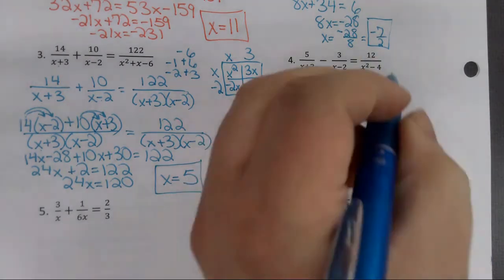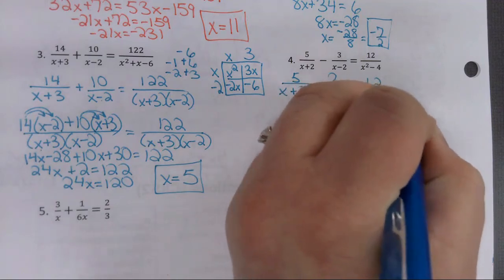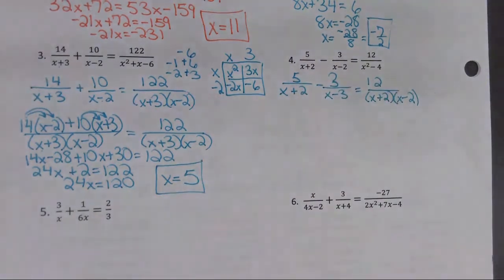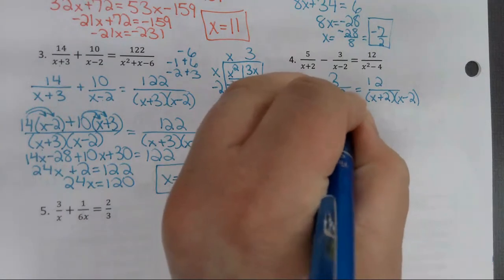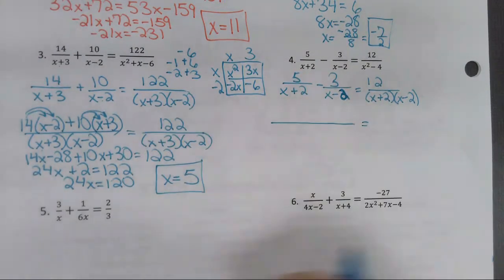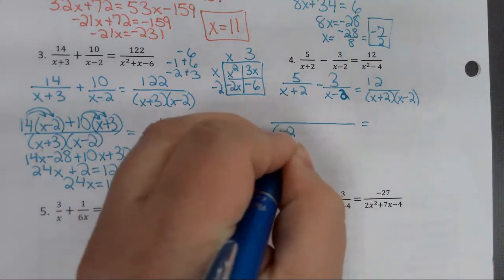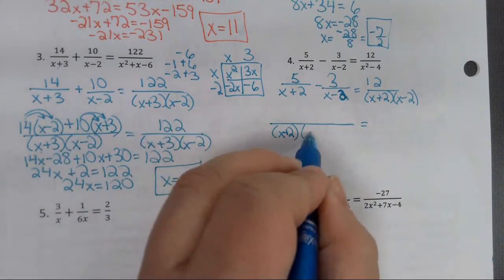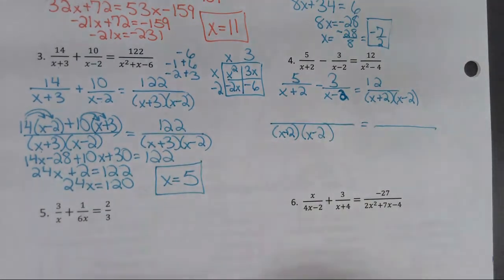So that means that it's going to factor down to be x plus 2 and x minus 2. Oops, that's supposed to be a 2. There we go. So our denominators, left side, x plus 2, and then an x minus 2. And so that's our common denominator for the right side as well.